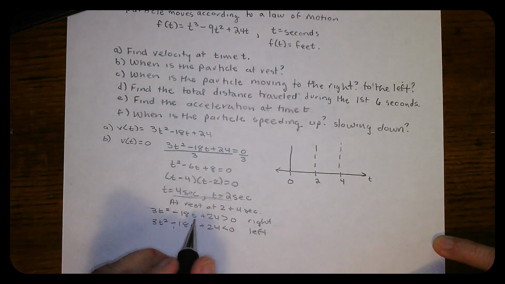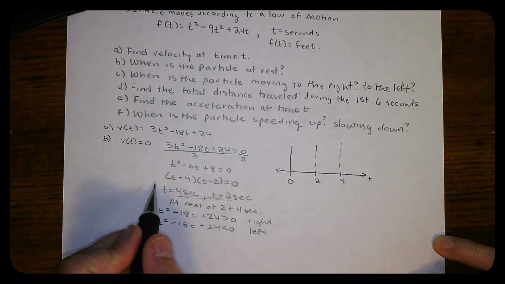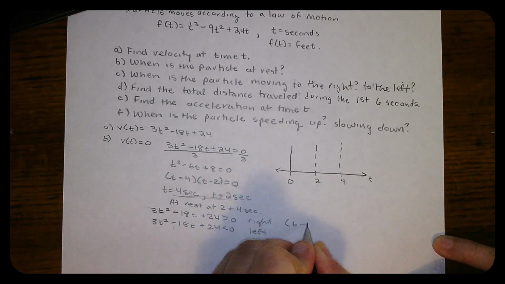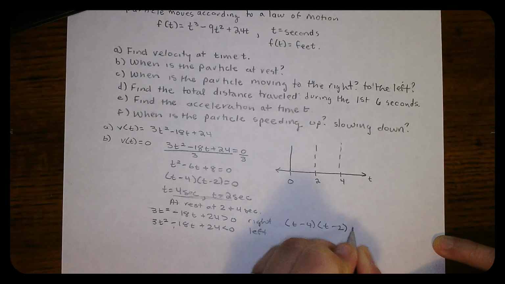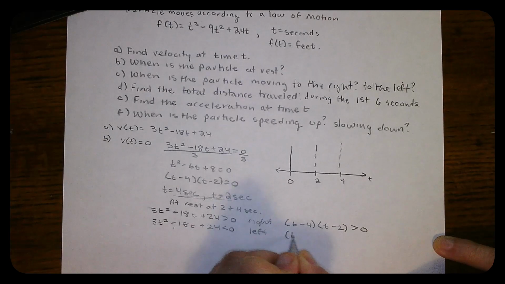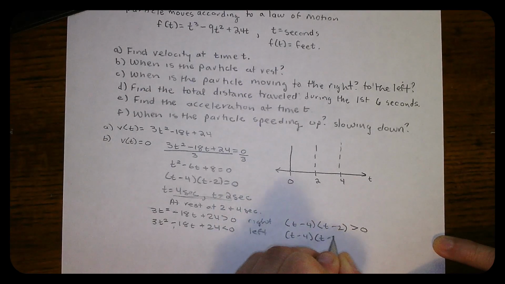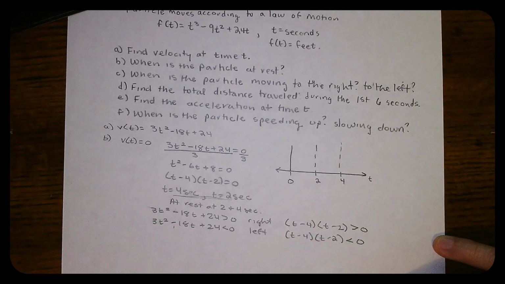And so then you just analyze these two inequalities. Well, we've already factored it, so t minus 4 times t minus 2 is greater than 0, or t minus 4 times t minus 2 is less than 0. So again, I'm not going to write all this out all the time, and you shouldn't either, but I realize that this might be something you forgot how to do in 171.